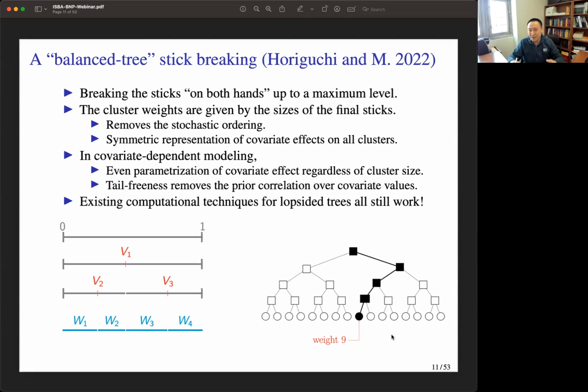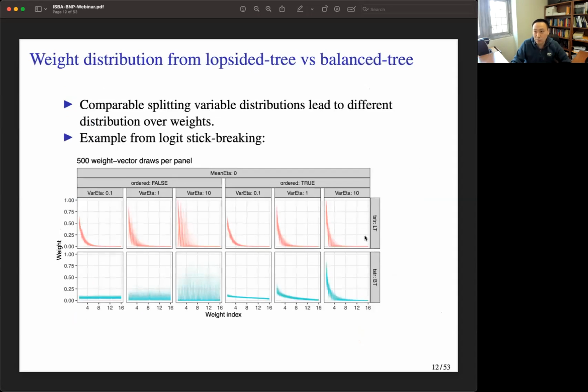In fact, even if you don't use the Polya tree, even if you use the logit normal, like that introduced in Howard and Hansen 2010, the computational techniques make absolutely no use of the tree topology. Therefore the computational complexity and the techniques are identical under this alternative tree structure as under the standard one-sided stick-breaks. Right, so this is just a simulation to illustrate some of the phenomena.